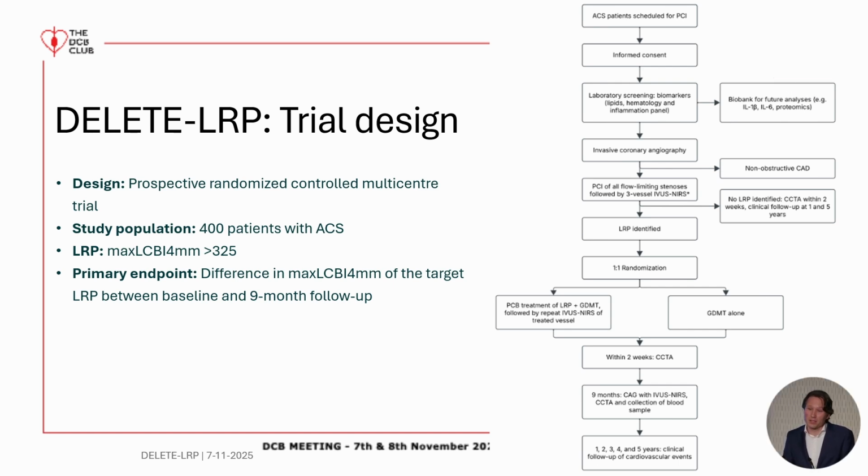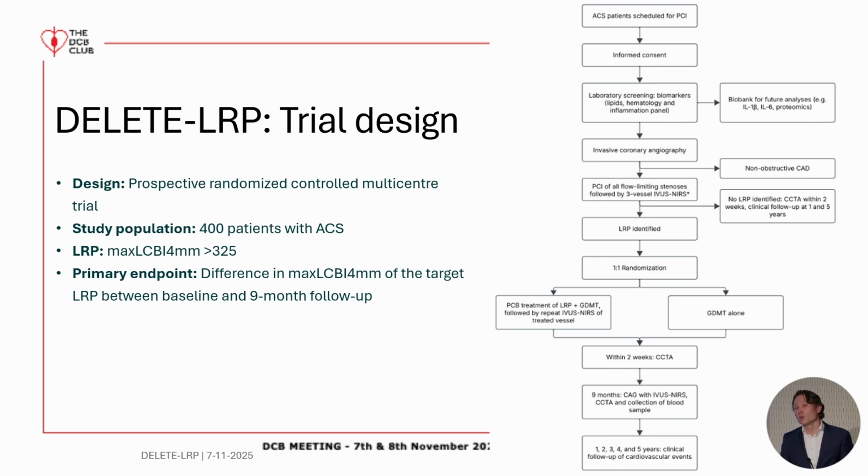So we are comparing the treatment of these non-culprit vulnerable plaques in ACS patients with SeQuent Please versus guideline-directed medical therapy alone. And in this study, we have also integrated the use of CCTA. Patients get a CCTA after the initial procedure, and they get it within 2 weeks before their follow-up procedure, when again, angio and IVUS NIRS is performed, and the primary endpoint is assessed, which is the difference in the max LCBI 4 millimeters of the target LRP between baseline and 9-month follow-up.